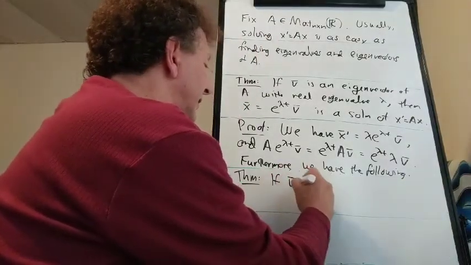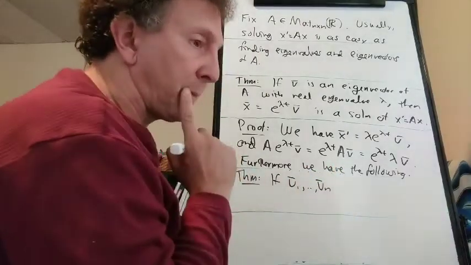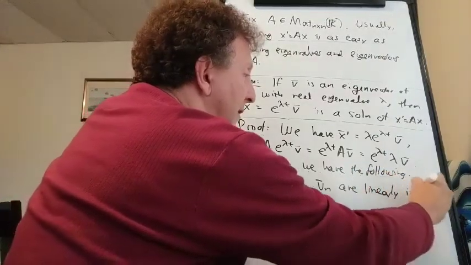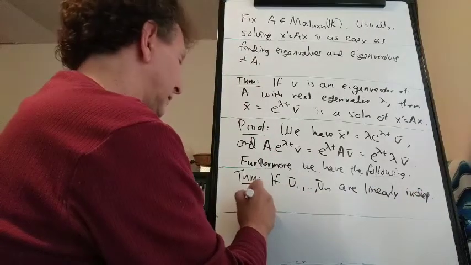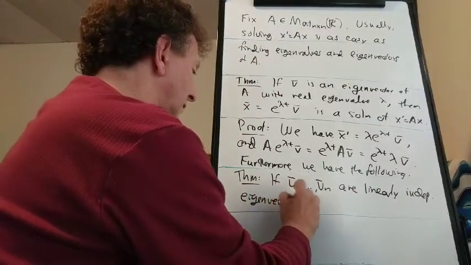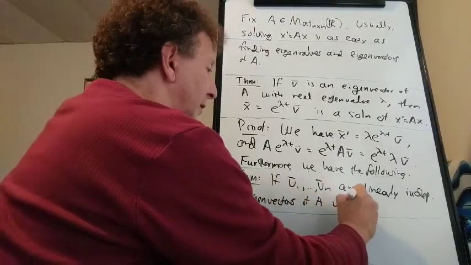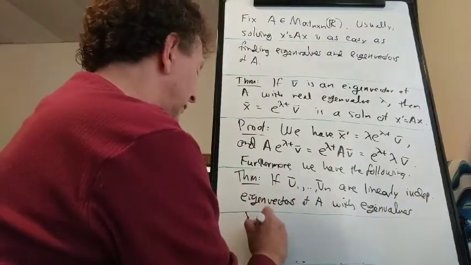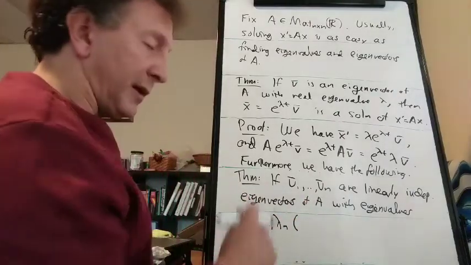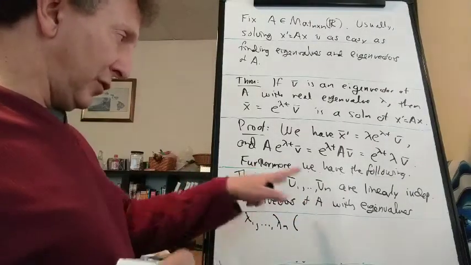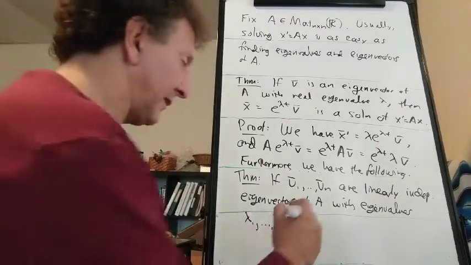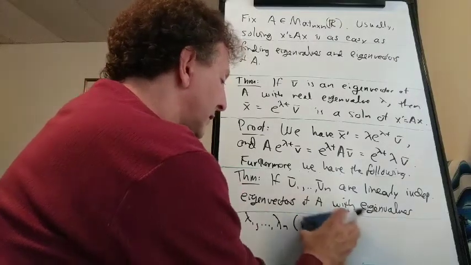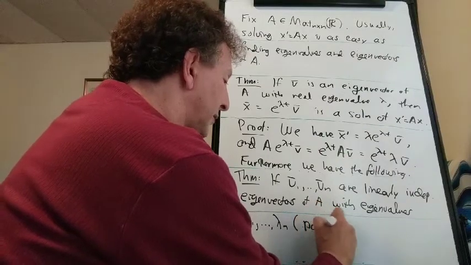So if, let's say, v1 through vn are linearly independent eigenvectors of A with eigenvalues lambda 1 through lambda n, and it's okay if the eigenvalues are repeated, so if two different linearly independent eigenvectors have the same eigenvalue. All right, possibly with repetition.